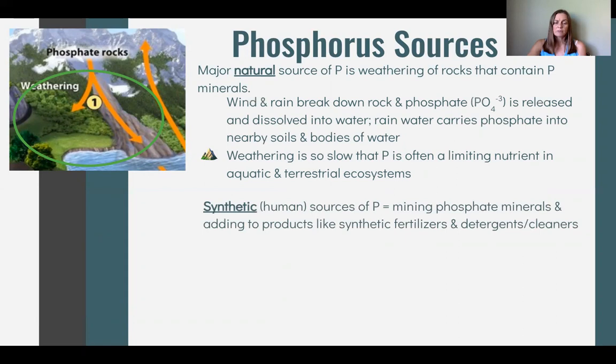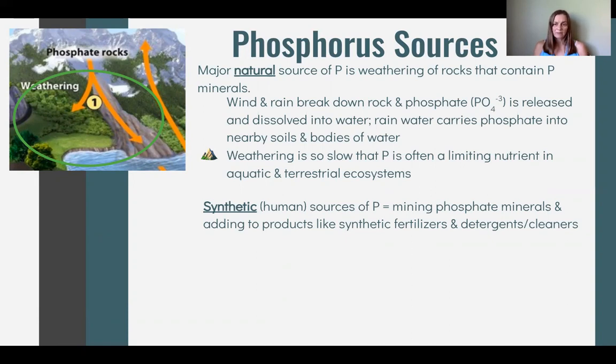But there are also synthetic sources of phosphorus. These are human sources. So we mine phosphate minerals, and that mining process does release some into the environment. And also we add phosphate-containing minerals to products like synthetic fertilizers and detergents and cleaners.